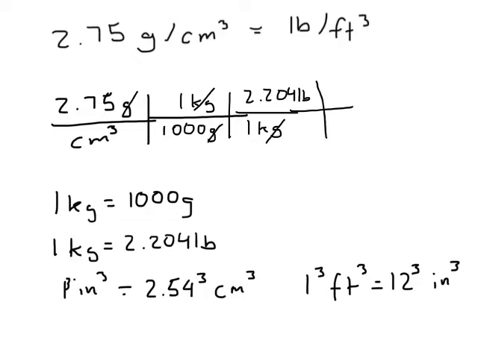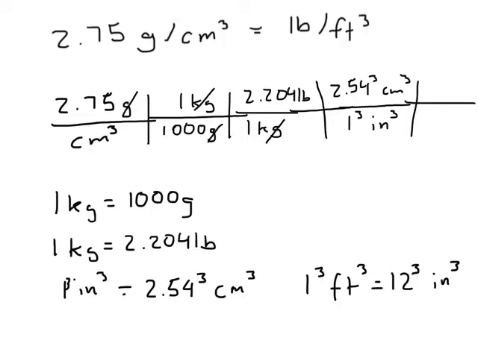So now I'm going to say 2.54 cubed centimeters cubed over 1 cubed inch cubed. And I'm writing the cubed on both of those to remind me that when I enter this into my calculator, it's not times 2.54, it's times 2.54 cubed, or 2.54, 2.54, 2.54.